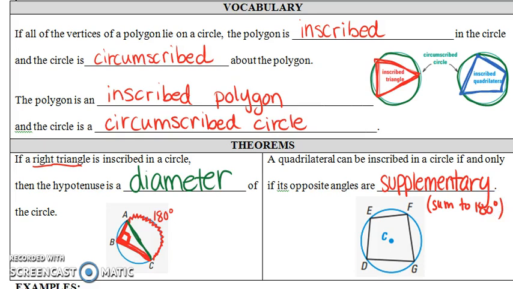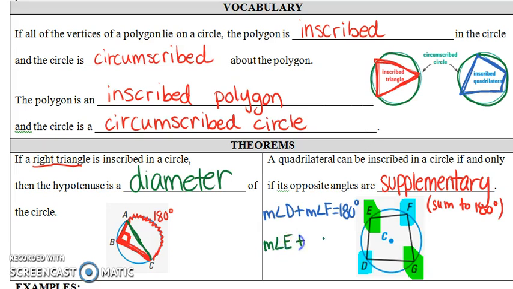So, for example, angle D and angle F, if I were to take the measurement of angle D and add that to the measurement of angle F, I would get 180 degrees. And similarly, if I were to take angle E and add that to the measurement of angle G, I would also get 180 degrees. So this vocabulary and these two theorems are what we're going to use and apply to help solve some of these example problems.